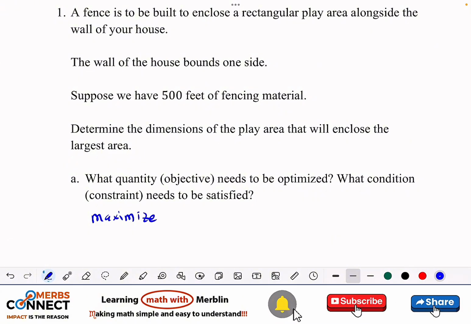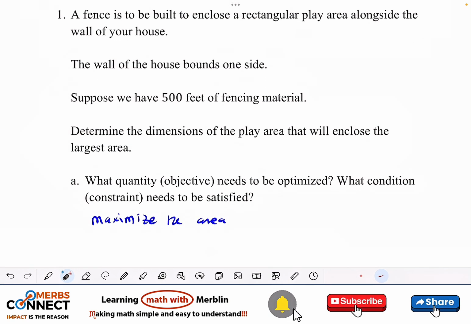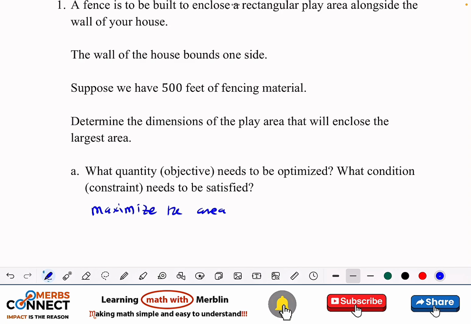We want to maximize the area. The question is saying that we should maximize the area of a rectangular play area.